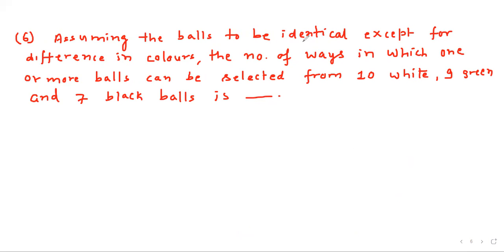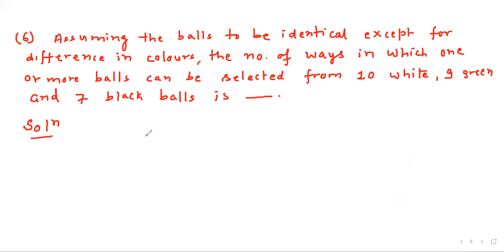Assuming the balls to be identical except for difference in colors, the number of ways in which one or more balls can be selected from 10 white, 9 green, and 7 black balls each. Solution.